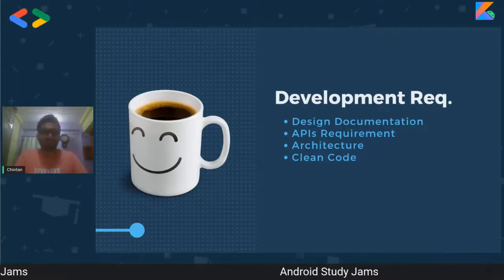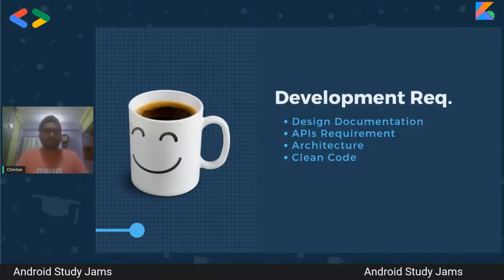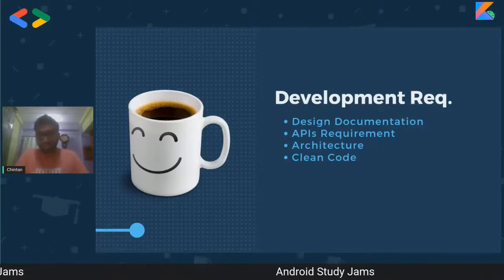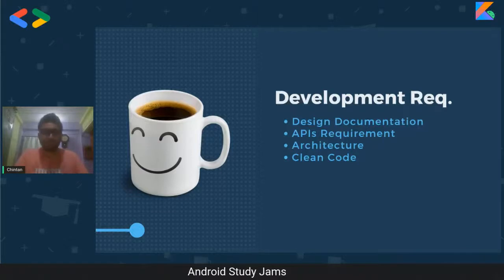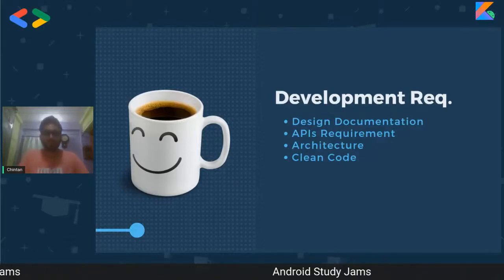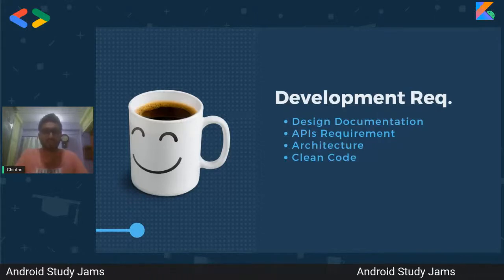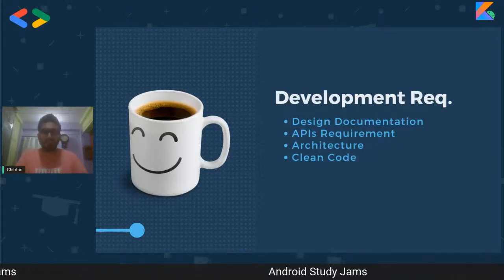So you should be using architecture from the start. Once you have learned building a basic application, even a to-do app or a calculator app, you should start with the architecture. The reason is that when you move to an industrial app, you will see that they have used the architecture, and then you might get confused.